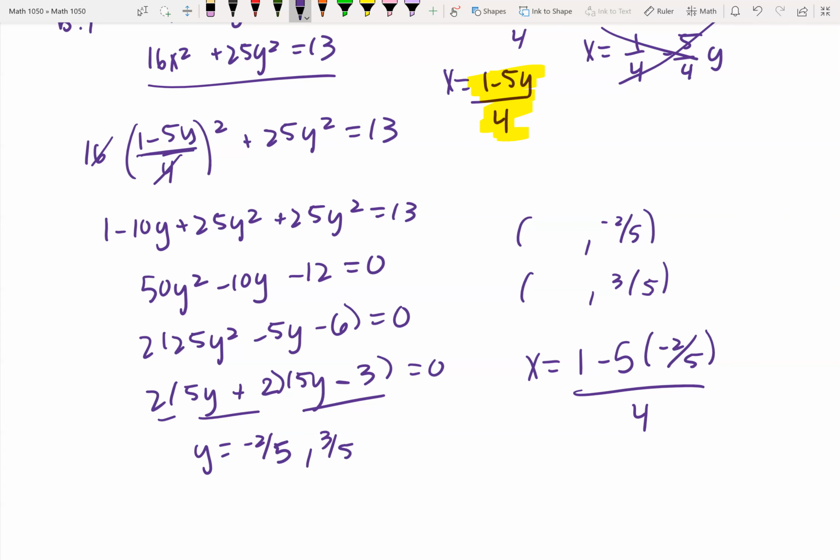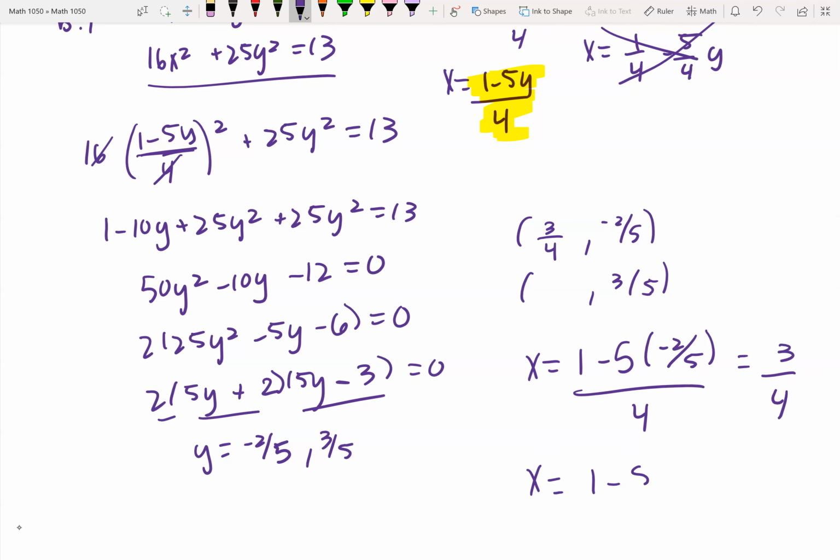Go 1 minus 5 parenthesis, negative 2 divided by 5, close parenthesis, enter, and I get, that is not right. I did something wrong. Oh, I did times 5. I'm like, no, that is not right. Hit enter and I got a 3. So that gives me a 3 over 4, and I'm going to put it right there, and that's completely acceptable.